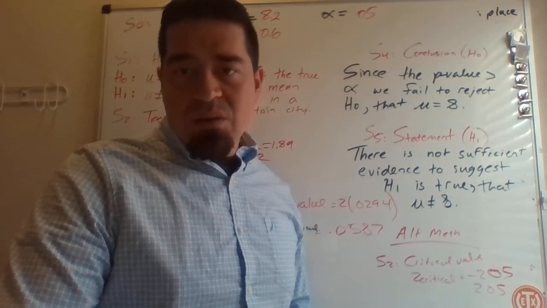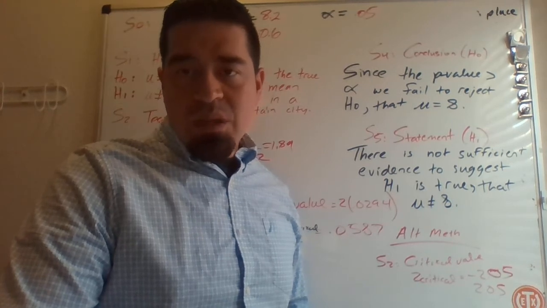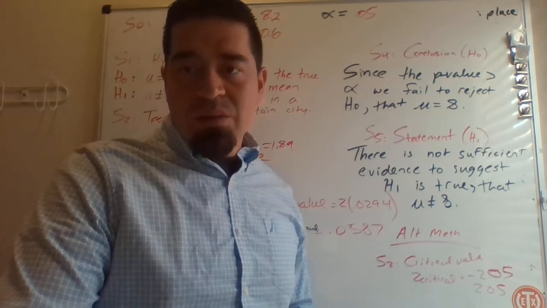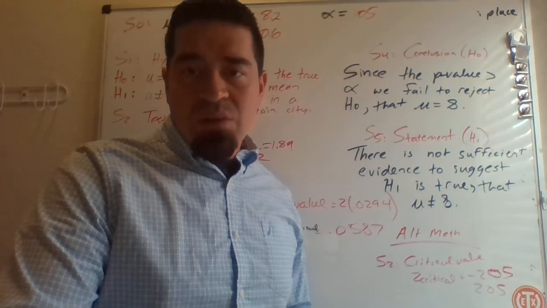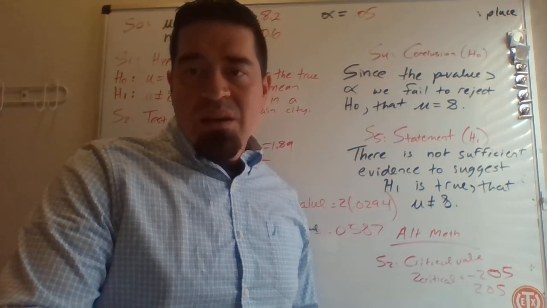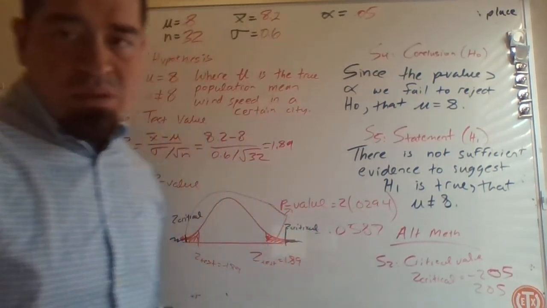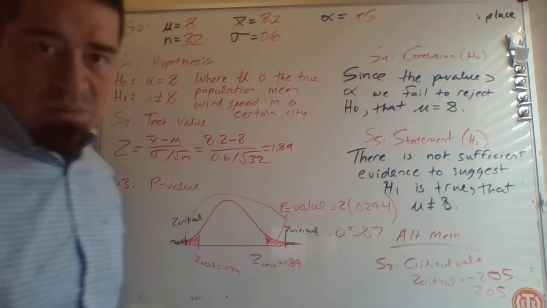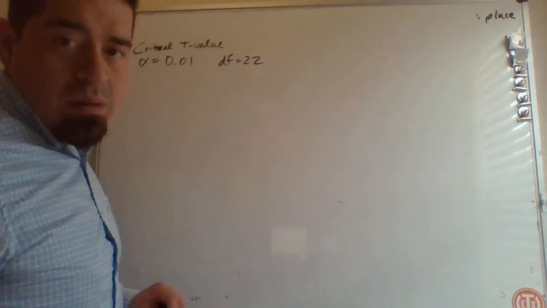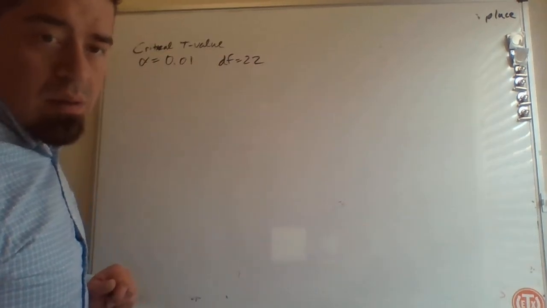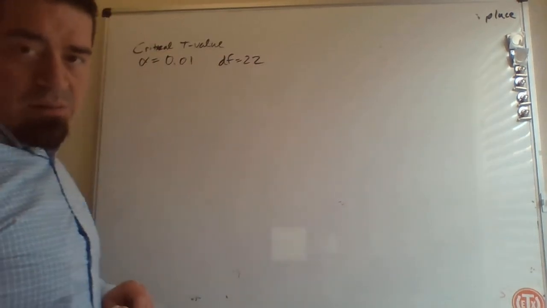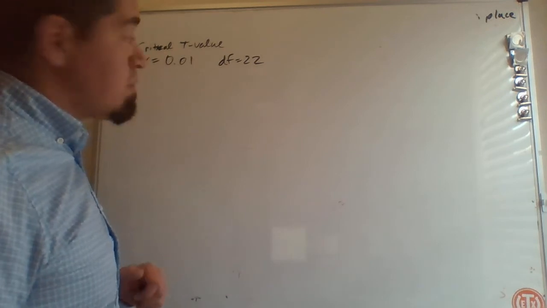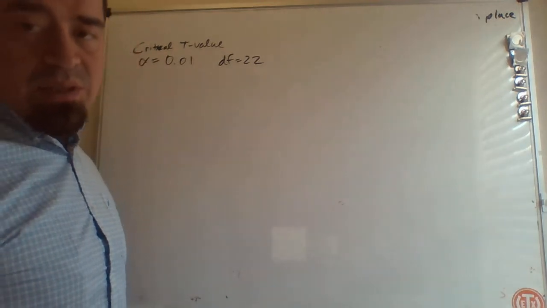Okay, so find the critical t value for alpha equals 0.01 with degrees of freedom equals 22 for a left-tailed test. Let's go ahead and do this problem here. On slide 64, they give you that alpha equals 0.01 and degrees of freedom is 22.